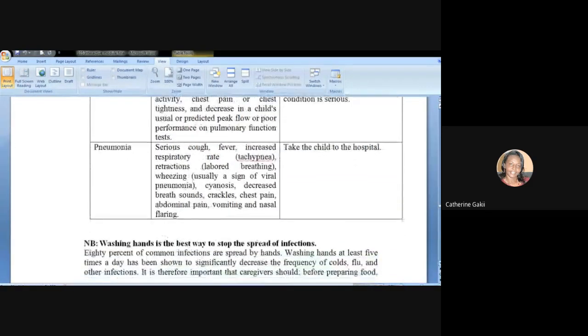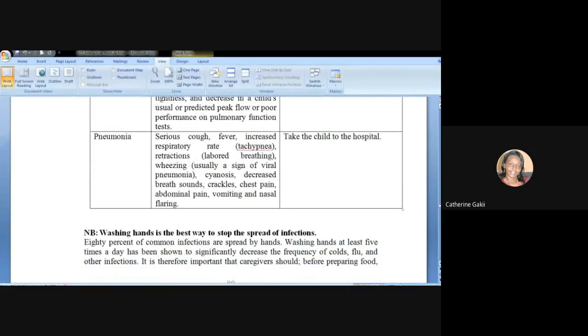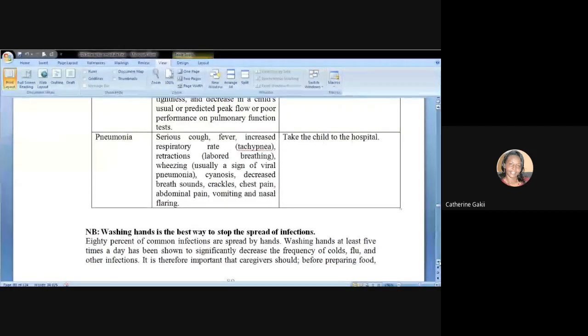Another infection, pneumonia. Pneumonia, the symptoms: serious cough, fever, increased heartbeats, or what we call tachypnea, retractions.